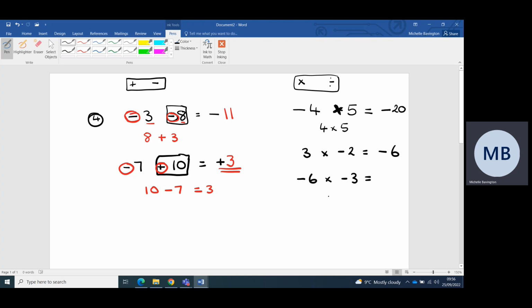One sign, keep it. Two signs don't. I've got 2 signs here, so I don't keep them. I don't put a minus here. So it's just basically 6 times 3 is 18.